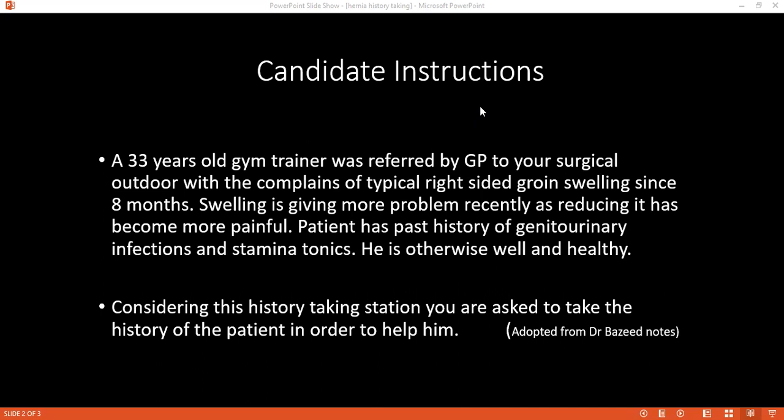These are the genitourinary medicine clinics. So how many times the patient has presented there, what is the cause, etc. And then you can tell me about the examination, investigations and treatment. Okay, ma'am.